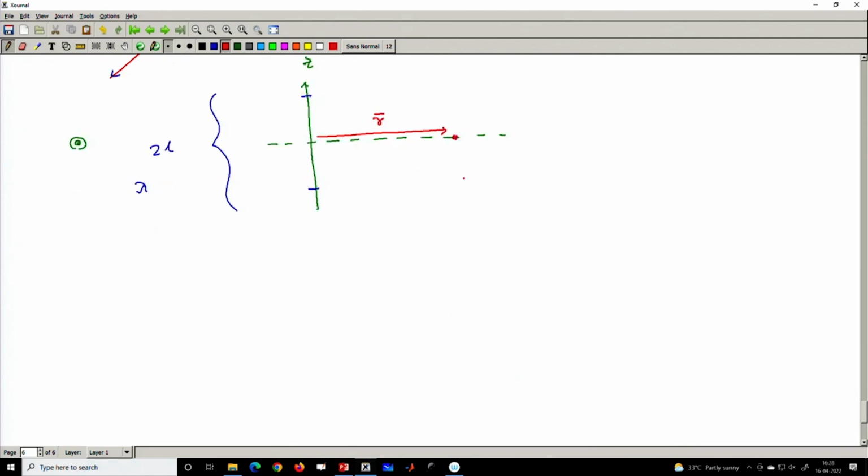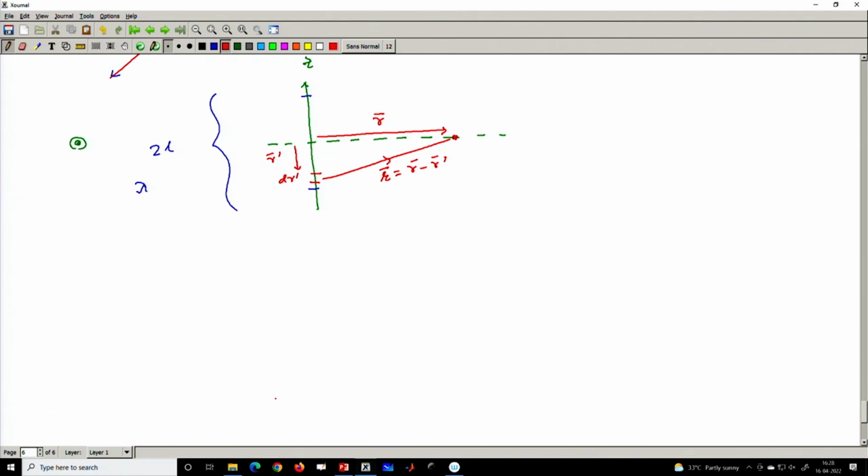So, let us take a small segment here, maybe this is say dr prime, and from here to here this is r prime, and this length from here to here is curly r, which is r minus r prime.